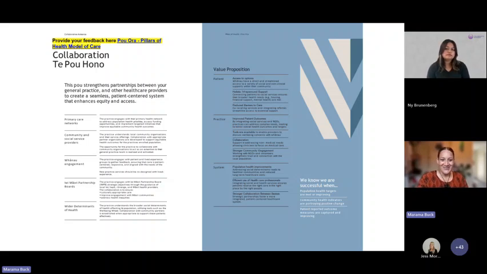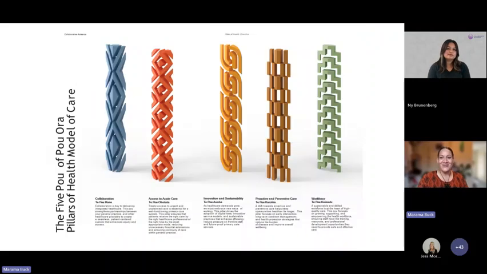Although we only have 2 minutes left to go, what I would like to do is just invite any final questions or whakaaro or feedback while we're on this webinar. But then I do really encourage you to go back through this at your own pace and fill in the form, because if you don't think that all of these elements are going to make an impact on the care that you are delivering, then you're not going to use it, if that makes sense.